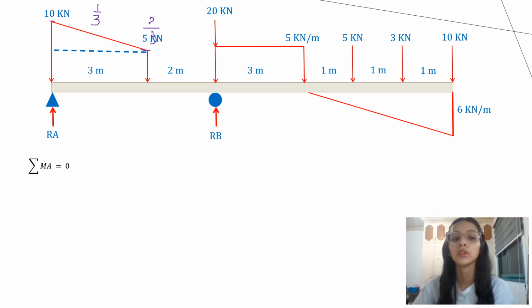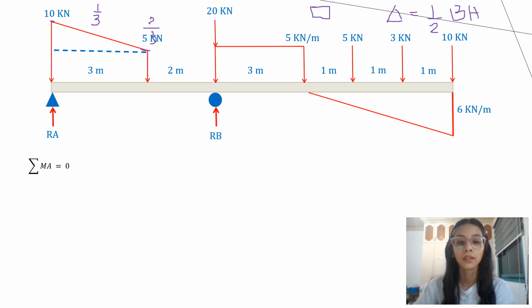Then the formula of the area of a triangle is 1/2 times base times height. And the rectangle is base times height.